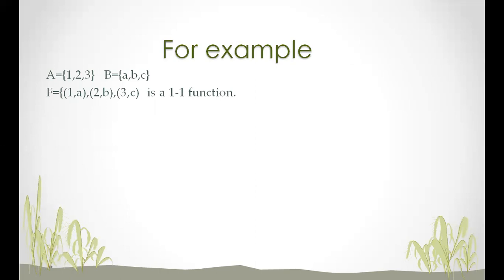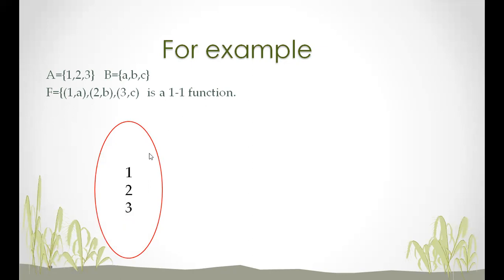When we say it is a function, then we move forward to the one-one property. In a one-one function, the second element means images. Here A is the image of 1, B is the image of 2, and C is the image of 3. From this we see no element of B appears twice. That's why it is a one-one function.